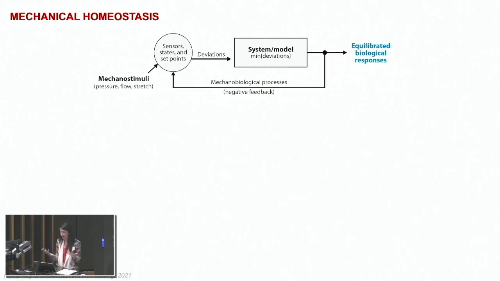So any of these stimuli, they are able to sense, and they create a local mechanical state that the cells can sense. The next step is cells effectively comparing that state with a preferred range, or what we call a set point. If the mechanical environment deviates from that set point, the cell responds by altering its behavior, altering the tissue around it, or both. And those changes then in turn feed back to modify the mechanical environment itself.